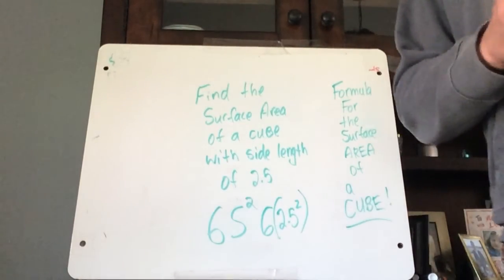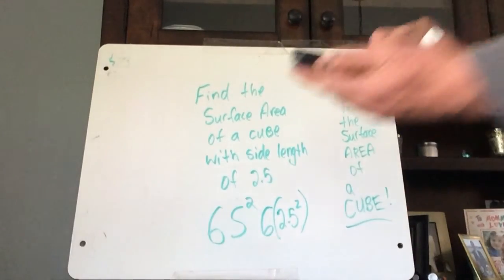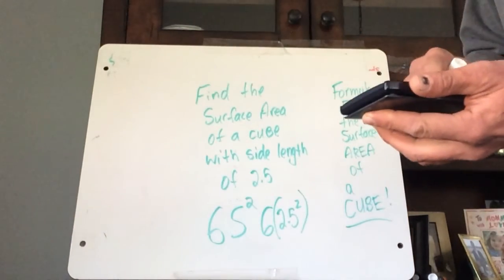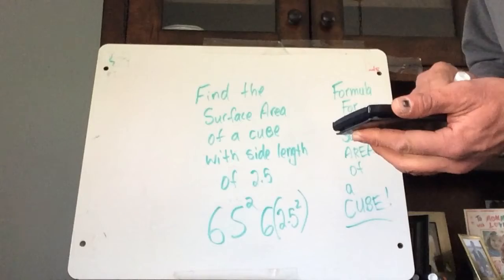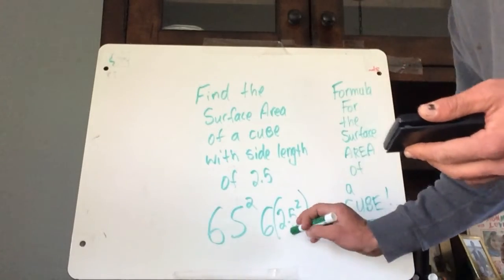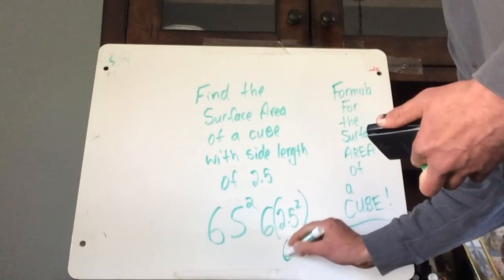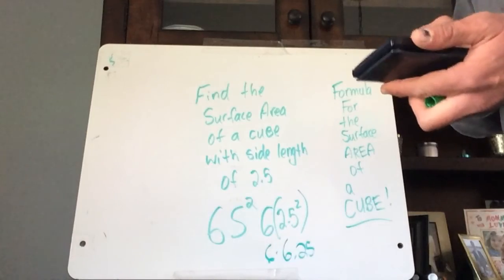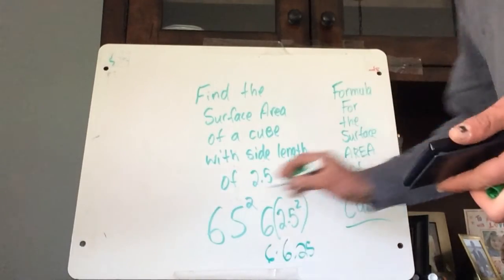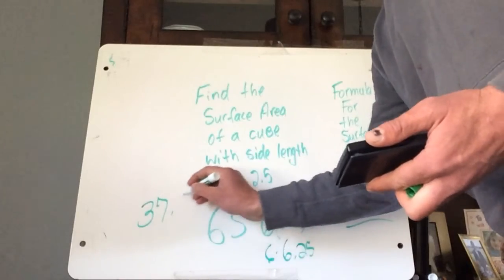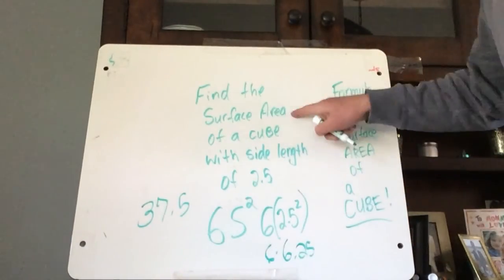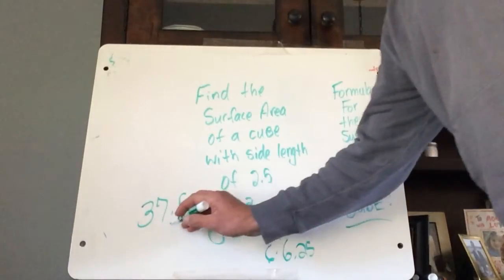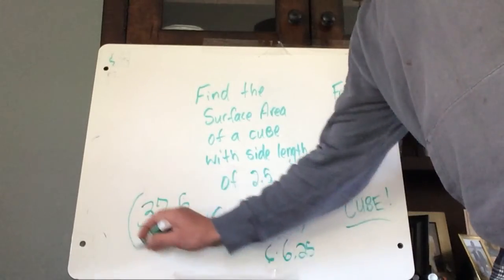So let's use our calculator. 2.5 times 2.5 equals 6.25. 6 times 6.25 equals 37.5. So the surface area of a cube with side length of 2.5 is 37.5 units squared.